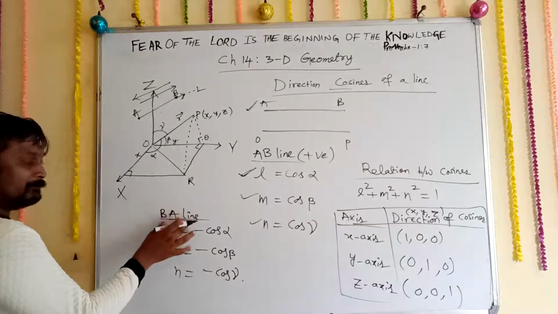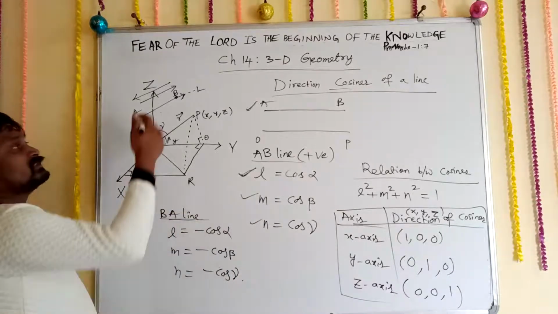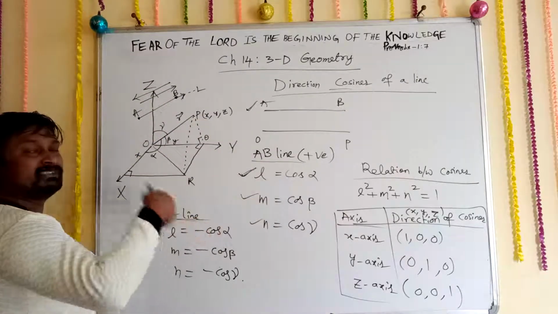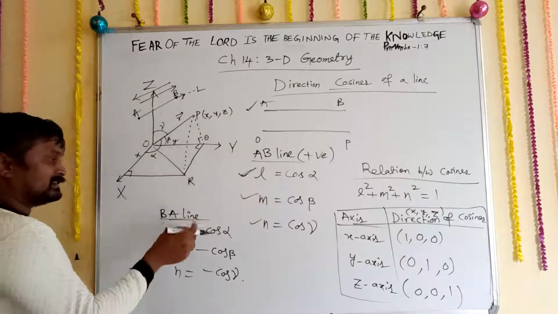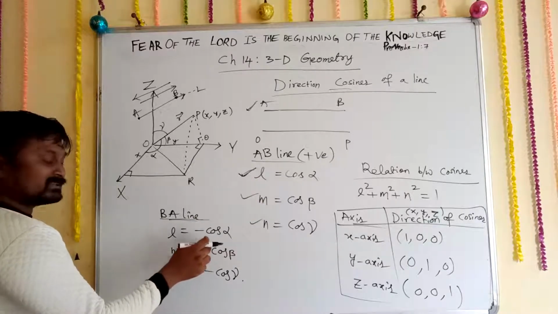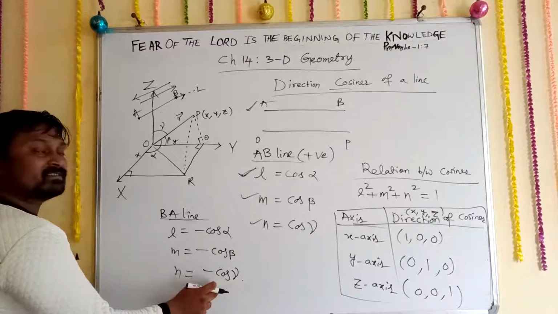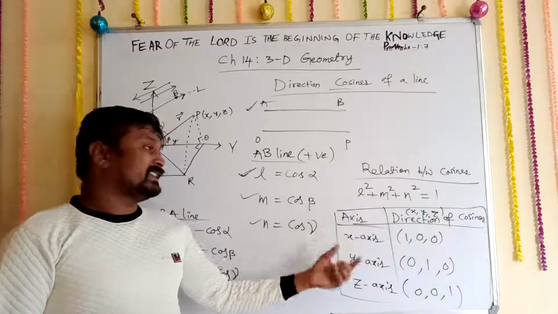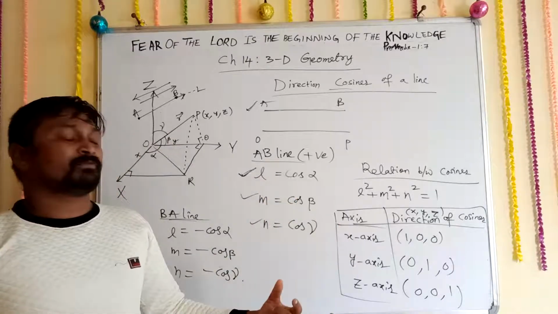Now if I take line BA, the direction is changed, so the positive sign must be written as negative. That means L is equal to minus cos alpha, M is equal to minus cos beta, N is equal to minus cos gamma.